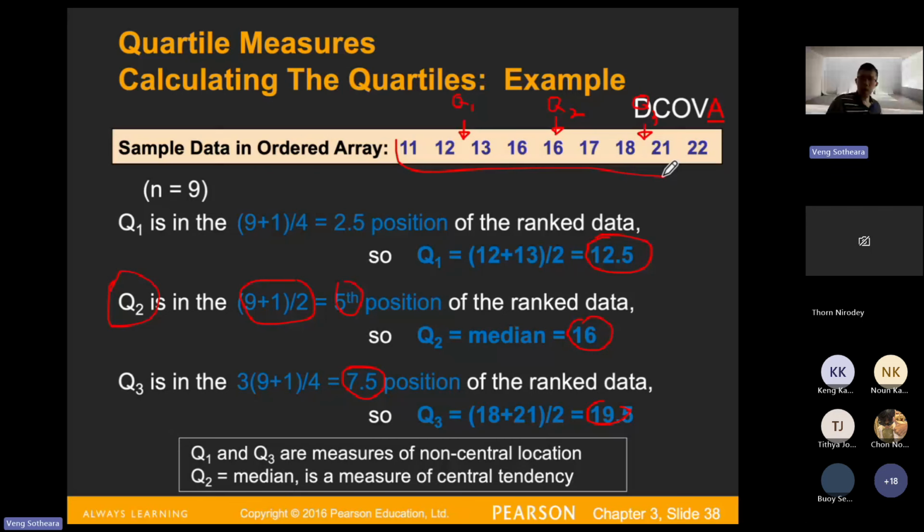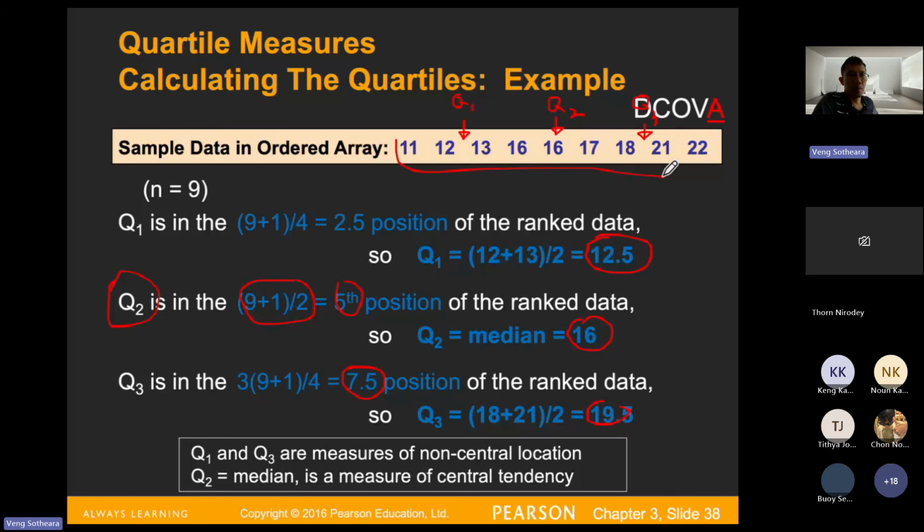Okay. So what is the proportion of data between 12.5 and 19.5? How much proportion of people are between 12.5 to 19.5, or between Q1 and Q3?